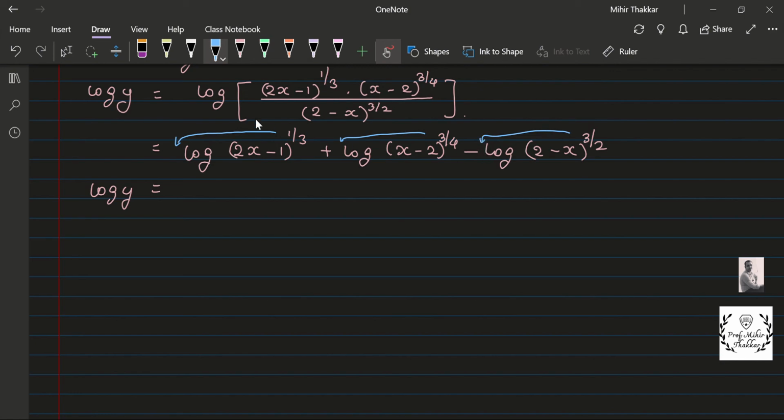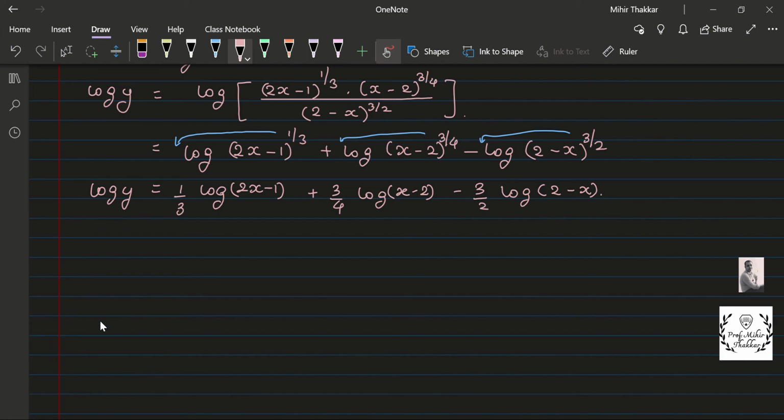So, in such a case, this will become 1/3 log (2x minus 1) plus 3/4 log (x minus 2) minus 3 by 2 log (2 minus x). Any further simplification is not possible over here, guys. So when we are not able to do further simplification, what we have to do is differentiate both sides with respect to x.